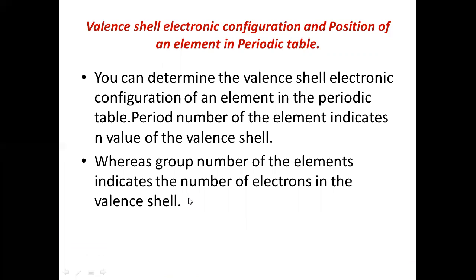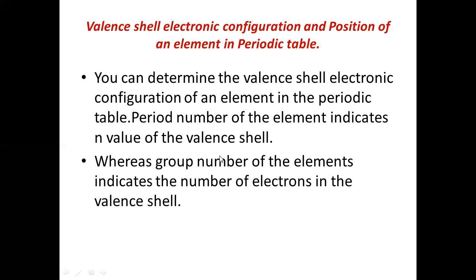In the previous example, we identified the position of an element from the electronic configuration, but here it is reverse. From the period number and the group number, we will identify the electronic configuration of the element.